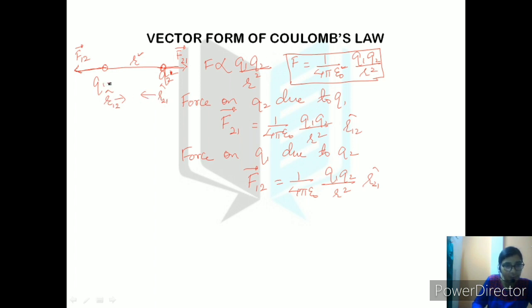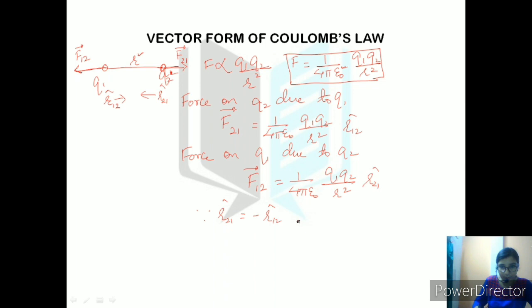The first one is from 1 to 2, the second one is from 2 to 1. They have the same magnitude, but their directions are opposite. So we can write this R21 cap as minus of R12 cap, as these two are opposite to each other.